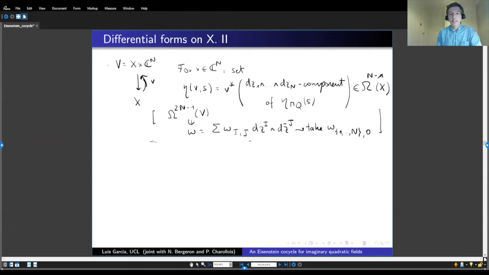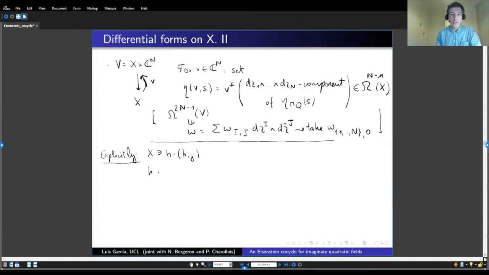Okay, and this is our main character. And in fact, this can be explicitly given. There is no need to really go through all this construction, I'm going to tell you exactly how the form looks like. So remember, we're thinking of points of the symmetric space as being given by Hermitian metrics, so sort of by Hermitian matrices, let me call the entries Hij.